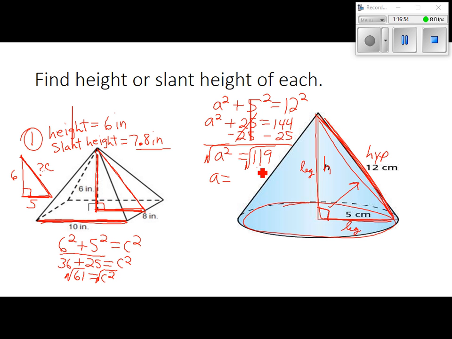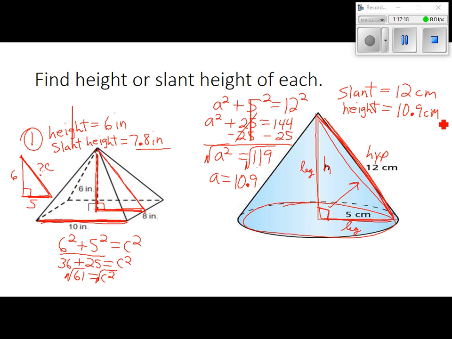Looks like it's about 10.9. So on this one, they told us the slant height, it was 12 centimeters. We didn't know the regular height. And when we used Pythagorean theorem, it ended up being about 10.9 centimeters.